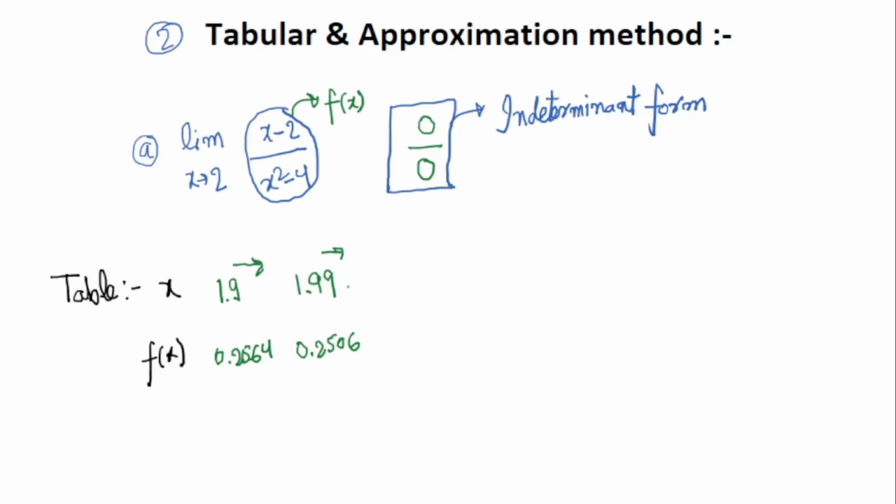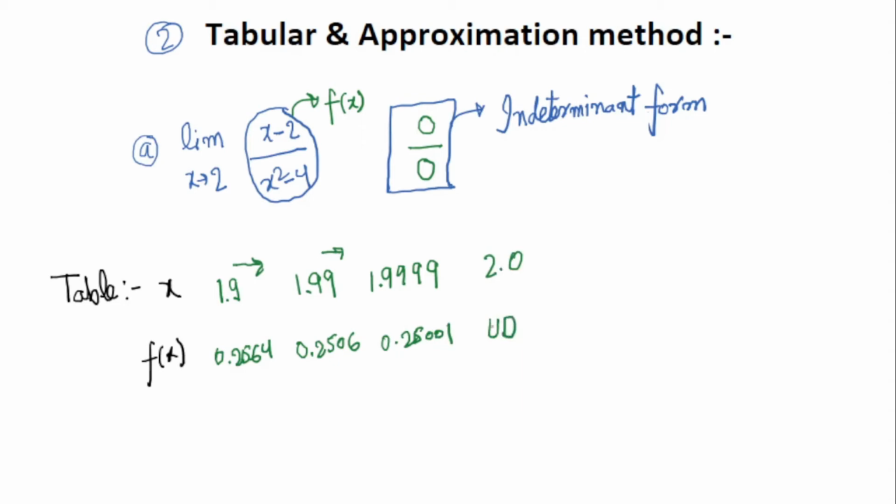We want to take a little more, so we take four times 9. Here is what we get after putting x is equal to 1.9999. This is going to be 0.25001.